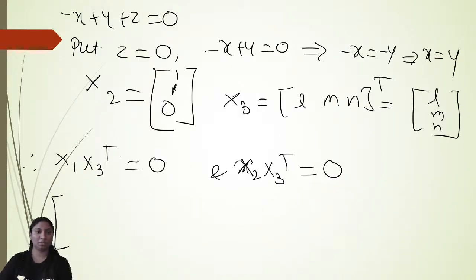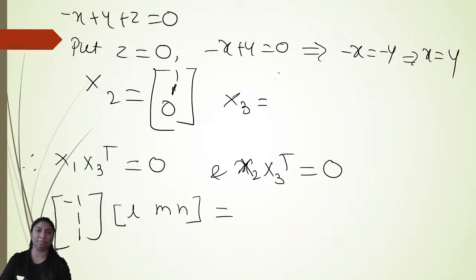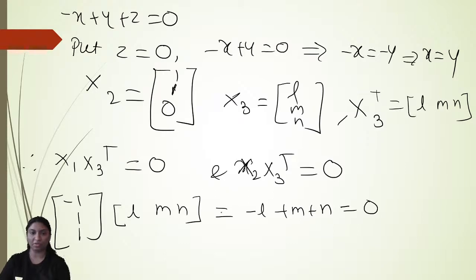And x3 is LMN, so x3 transpose is LMN. So here minus L plus M plus N, you will get one equation which is equal to 0.